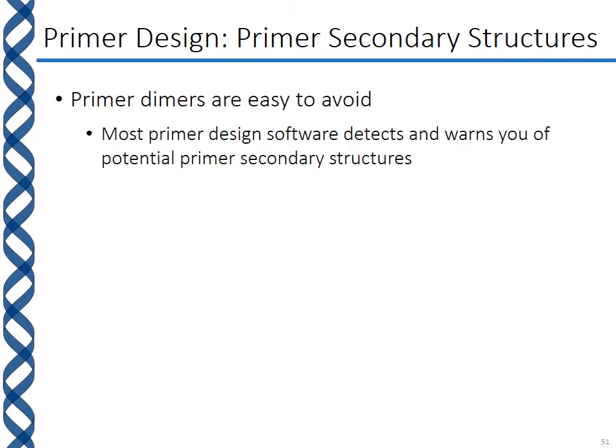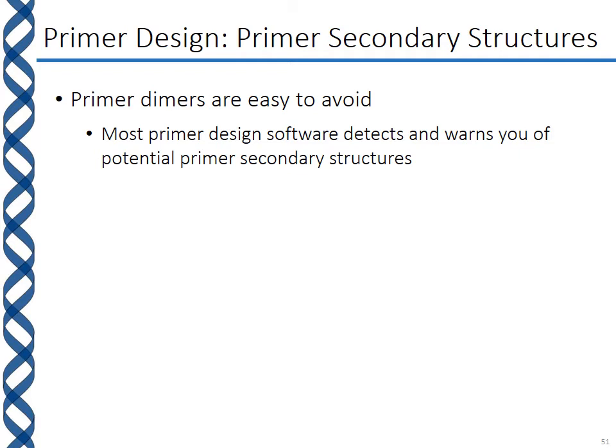Okay, so that was all the bad news, all the different ways that you can mess up primer design with respect to secondary structures. The good news about that is that it's actually pretty easy to avoid. Most of the software that's used in primer design will also analyze the structures that could potentially form based on the sequences of your primers.